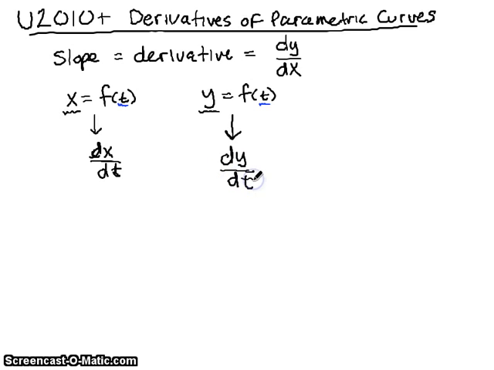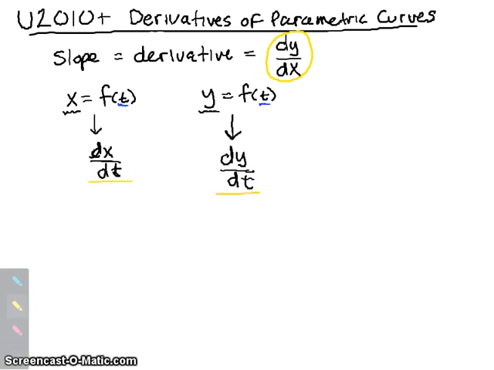Now, these derivatives, dx dt and dy dt, are going to be the same as we've been taking the whole time. All the rules apply, nothing's different. The only problem is we want the derivative of the entire parametric function, not two pieces. So remember, a derivative is dy over dx. We're going to end up with dx dt and dy dt.